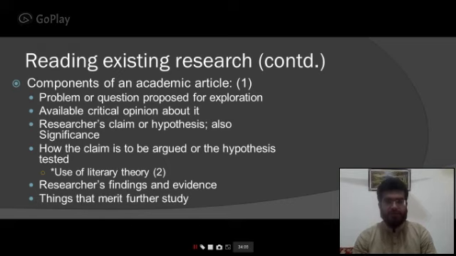So first of all, you try to notice the research problem or research question with which the article starts, and then how the researcher allows you to see and understand the already available critical viewpoint on this topic, on this research question, how the other researchers have written on it, what is their perspective, and then certainly followed by the researcher's own claim or hypothesis, how he personally thinks about the same research question, obviously on the basis of certain evidence and data he'll be providing in that article.